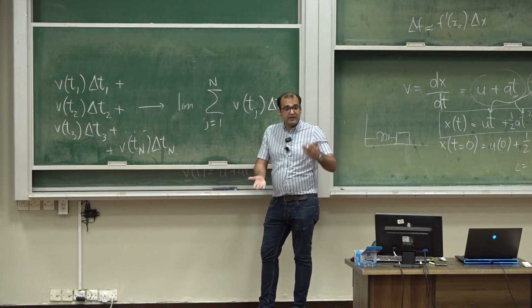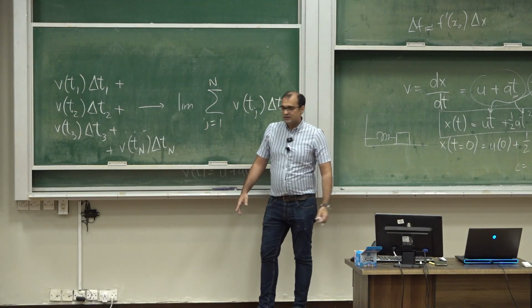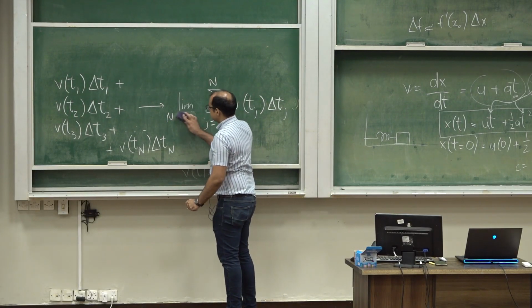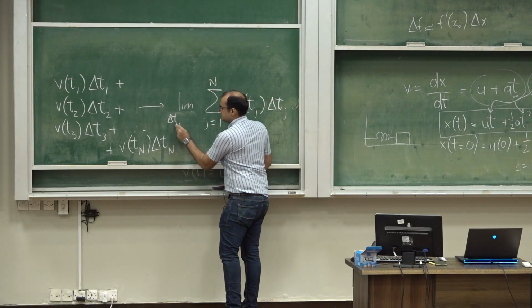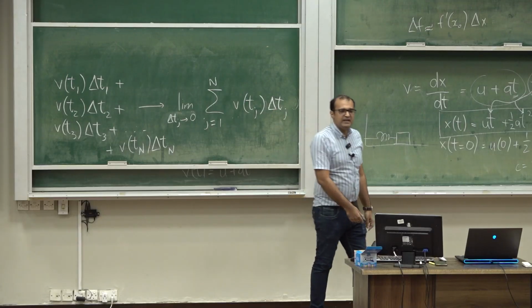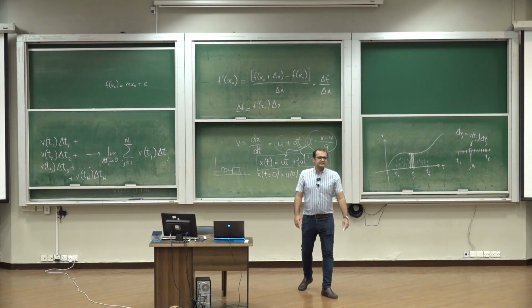Or in other words, if I make the number of time slices go to infinity. So you can write it like this, some people write it like that. It's of course the same thing. You either make the length of each time slice go to 0 or you make the number of segments go to infinity, it's the same thing.